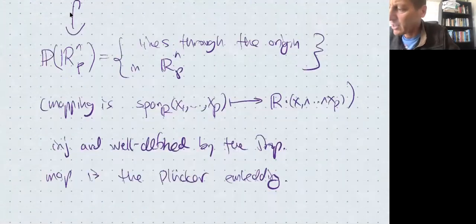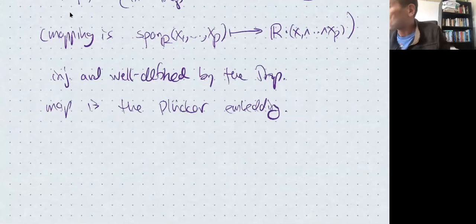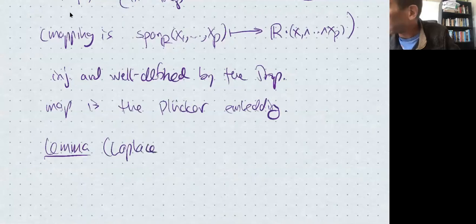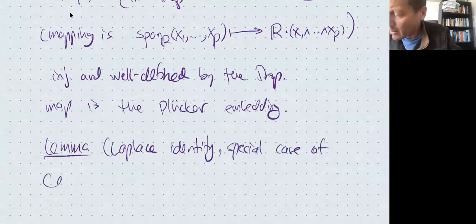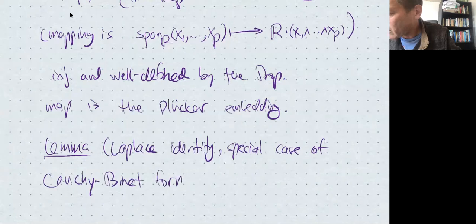Before that, there's another famous identity which we're going to be using. So let's call this a lemma. This is called the Laplace identity, and it's also a special case of something called the Cauchy-Binet formula. It says the following thing.